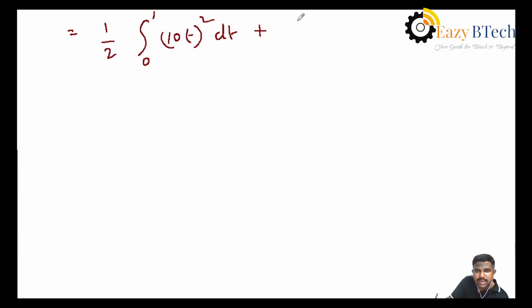Again, we know the voltage value has two combinations, two limits, that is 1 by T, 0 to 1, 10 t whole square dt, plus 1 to 2, 20 minus 10 into t whole square. So that is function square, whole square, then into dt.